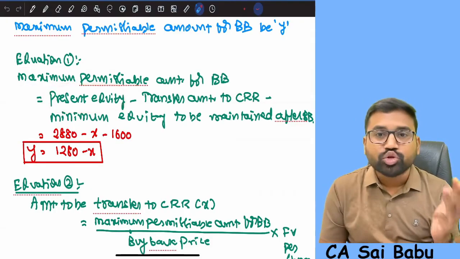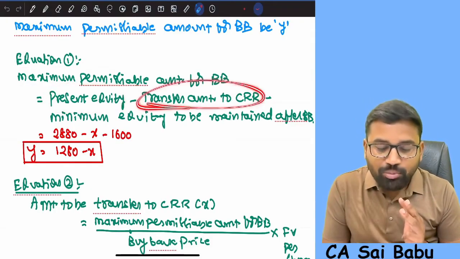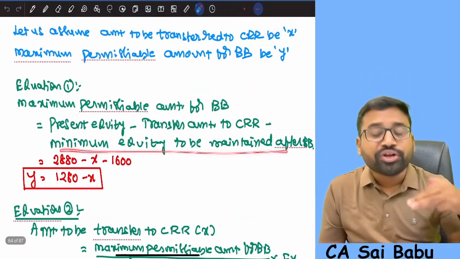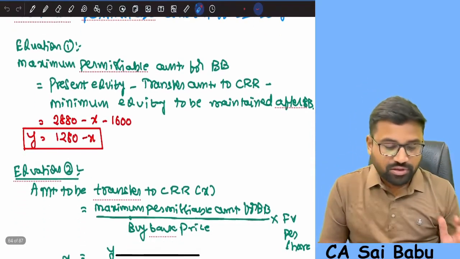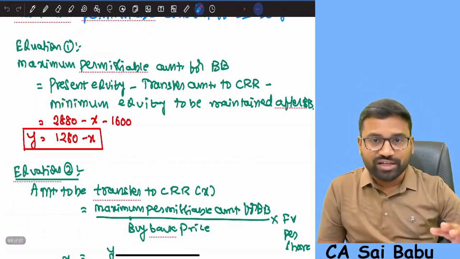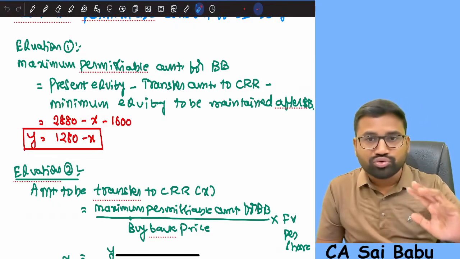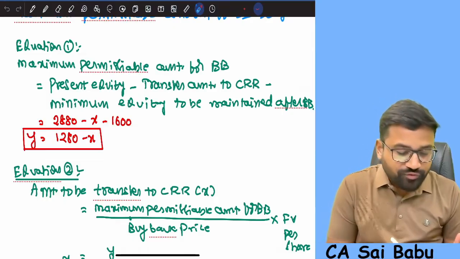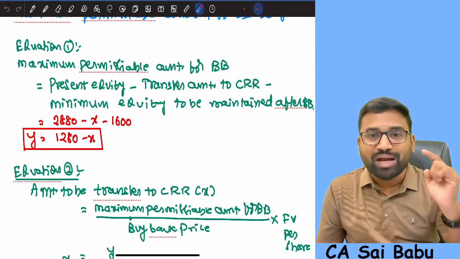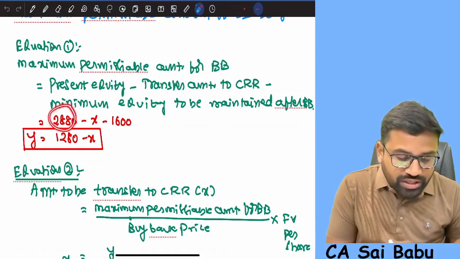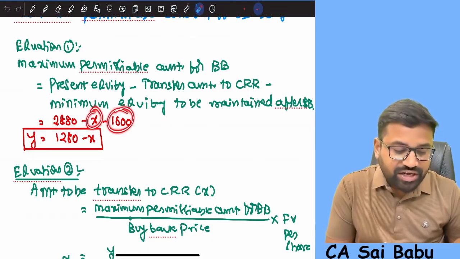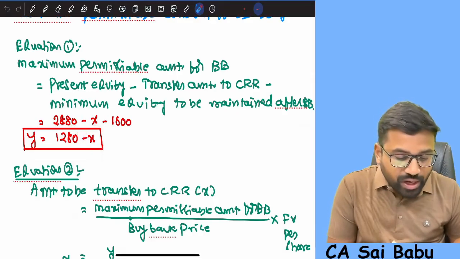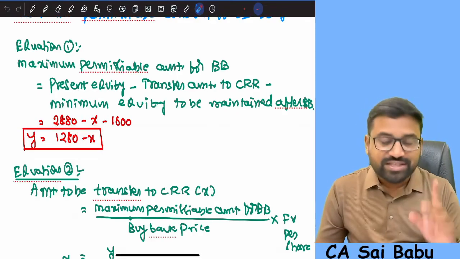Take present equity 2880 minus the amount to be transferred to CRR, X, which we assumed, minus the minimum equity to be maintained after buyback, 1600. So your present equity is 2880. From that, first I need to transfer the amount to CRR, minus X, and I need to maintain equity 1600 after buyback. So the maximum permissible amount for buyback, which is Y, is equal to 2880 minus X minus 1600. That means 1280 minus X. That means Y is equal to 1280 minus X. This is equation number 1.